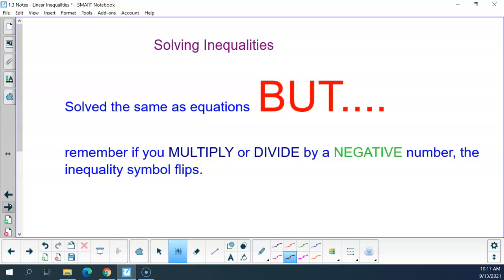But there's one extra rule: if we multiply or divide by a negative number, our inequality is going to flip-flop. If it was less than, it becomes greater than. If it was greater than or equal to, it becomes less than or equal to. It's only if we are multiplying or dividing by a negative.